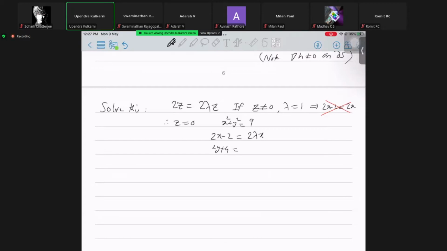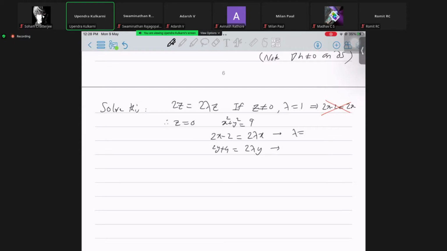Okay, so now what do we have here? So this is 2 times lambda, and now, for example, from here you can get x and y in terms of lambda. This is just calculation. So what do I get?